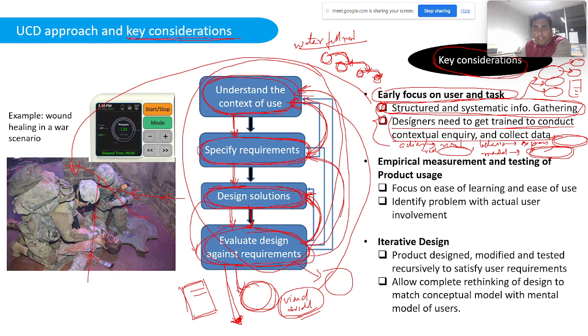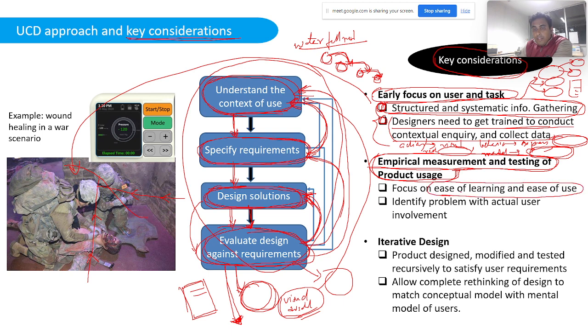So that's a key consideration: early focus on user and task. The second key consideration is empirical measurement and testing of product usage. Whatever study or research we do on the use of a particular product, whether at the phase of product testing or initial user study when you evaluate a competitive product, you should always focus on ease of learning and ease of use.